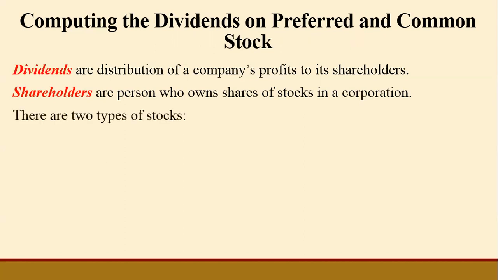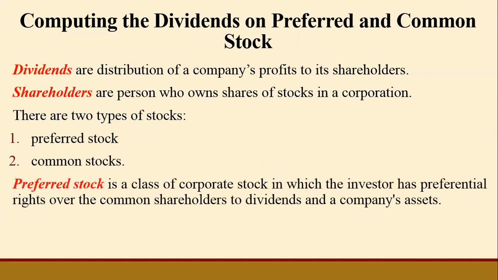There are two types of stocks: the preferred stock and the common stock. The preferred stock is a class of corporate stock in which the investor has preferential rights over the common shareholders to dividends and a company's assets.